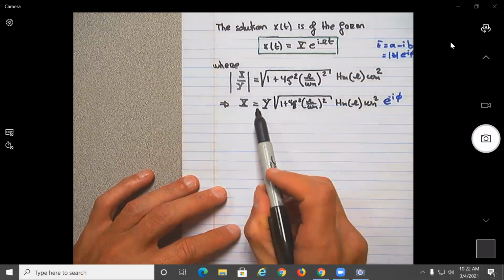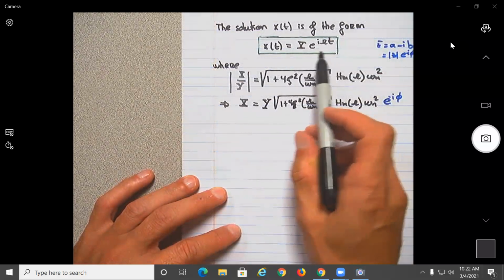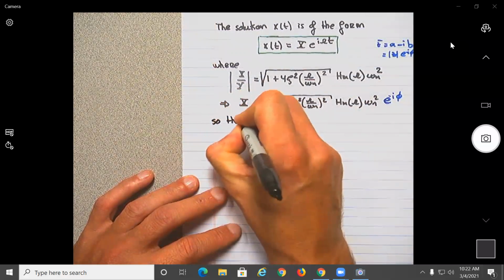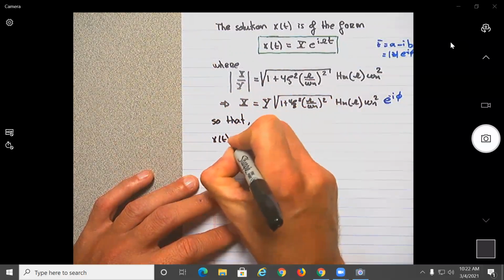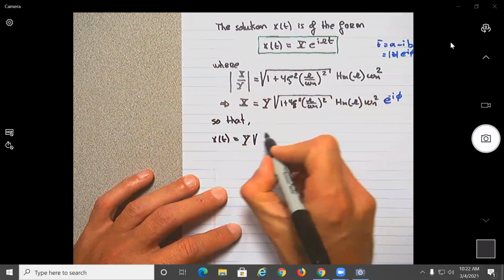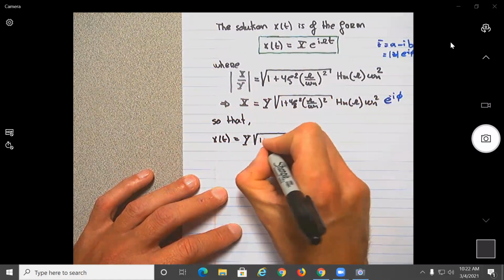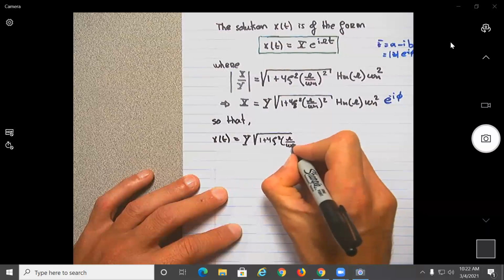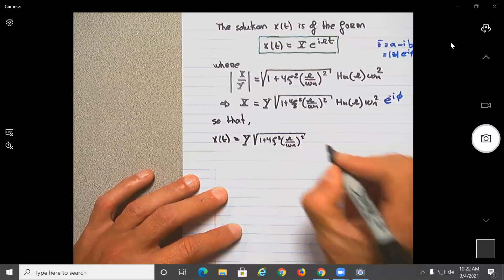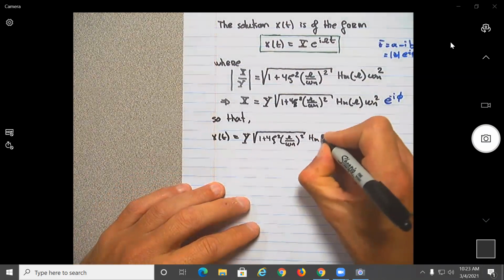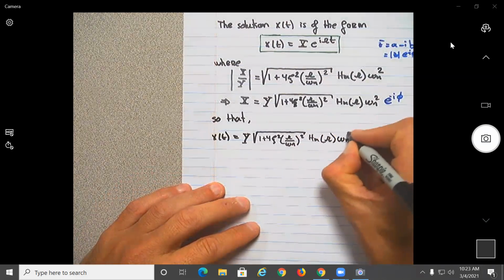Okay, so now we substitute this x into the top equation to get x of t, no? All right, so we're going to have x of t will be equal to what? Would be the capital Y times the square root of 1 plus 4 zeta squared omega over omega n squared. Then I'm going to give you right away the solution, that way I don't have to write it twice. Over the denominator with capital omega n squared.